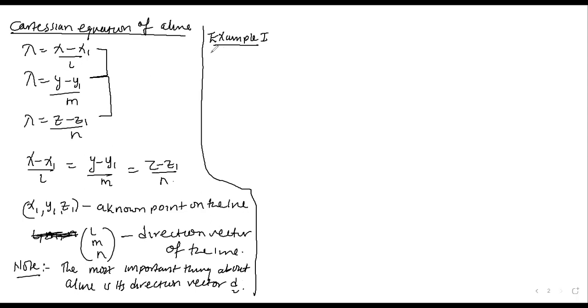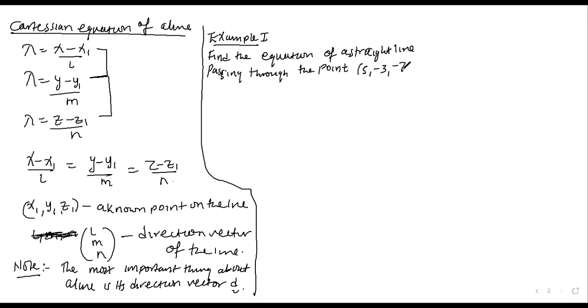An example. Find the equation of a straight line passing through the point (5, -3, -7) and is parallel to the vector 2i minus 3j plus k.